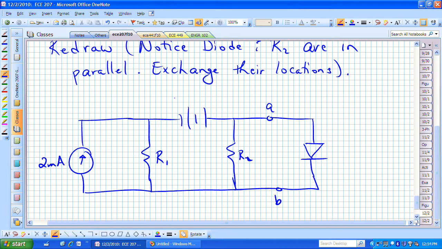It's the same circuit that I had before, except now I have the diode and R2 interchanged, but now I can think of everything to the left of terminals AB. Maybe I can convert those into a Thevenin equivalent, and that might allow me to more easily determine what this particular current and voltage are when that LED is placed into this particular circuit.